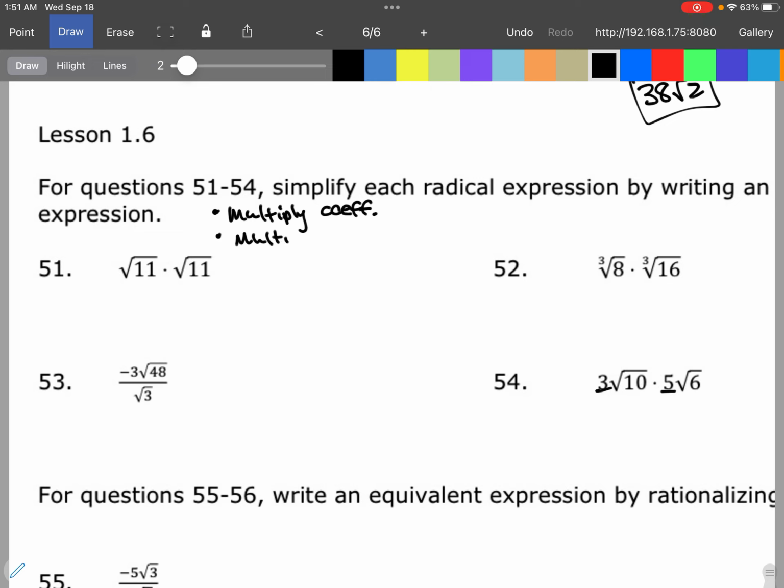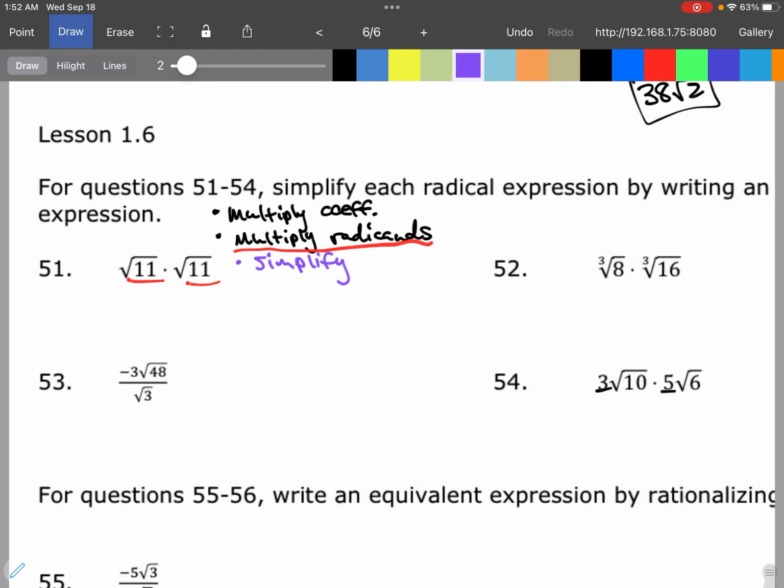Multiply radicands. Those are the numbers inside the radical, like these guys. And last but not least, simplify. Don't forget, you do have a calculator.